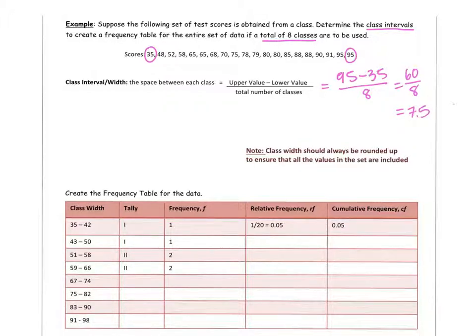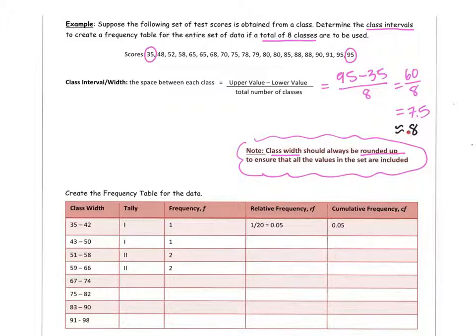Here's the thing, though. There's a small note here that says that once you find the class width, which is what we just did, you have to round up. So no matter what your decimal value is, you will always need to round up. So if you were to round this, you would have 8. By the way, if you've never seen this squiggly equal sign, it just means approximately.